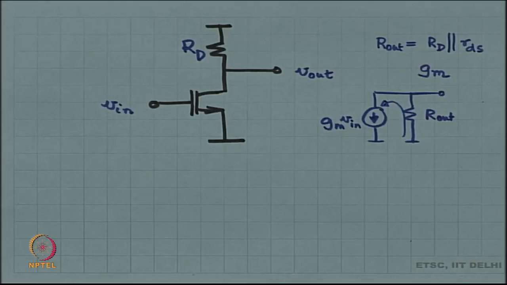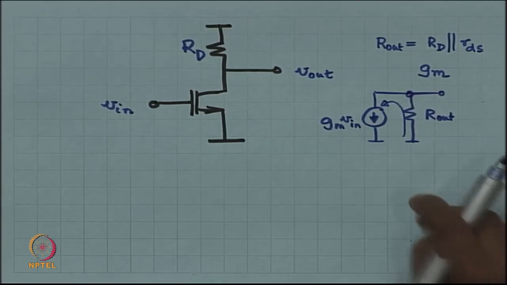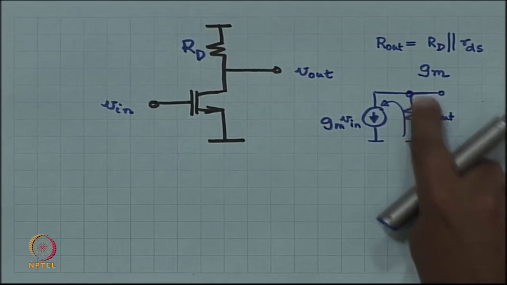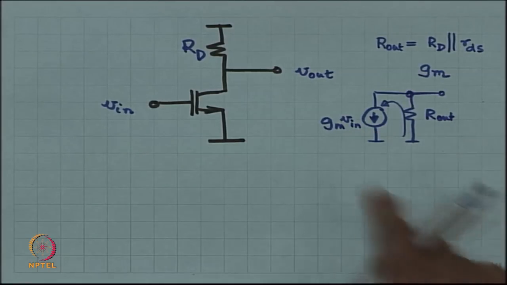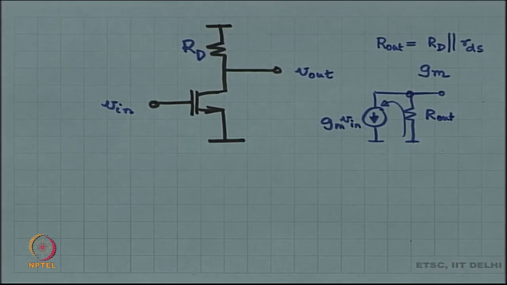You just have to imagine this, and therefore, the voltage over here is going to be minus GM V in R out, which means the voltage gain is minus GM R out. So, this is the overall plan of things. This is what happens without the capacitors. Now, let us throw in the capacitors.